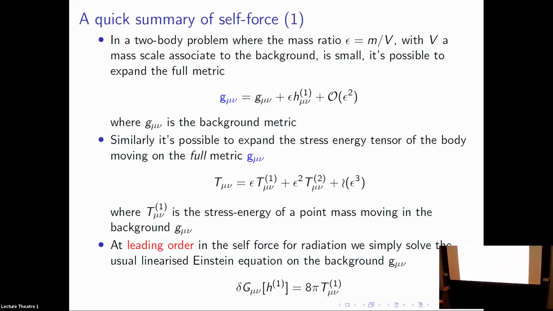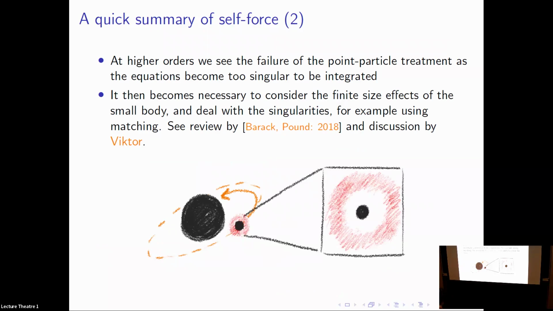In this case, the first order term will just be the stress energy tensor of a point mass moving in the background g mu nu. That means that at leading order in the self-force for radiation, so for this h1 mu nu, we simply solve the usual linearized Einstein equations on the background g mu nu for a point mass. At higher orders, things get a lot more difficult. We see the failure of the point particle approximation for the small body, which means the equations become too singular to be integrated.